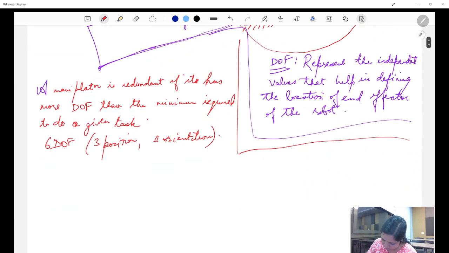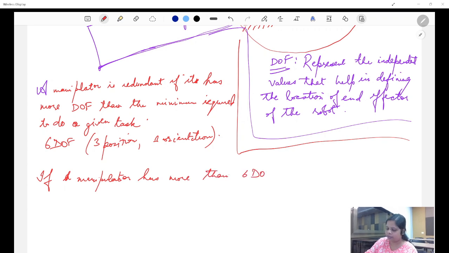So any manipulator that has more than 6 degrees of freedom is called redundant.